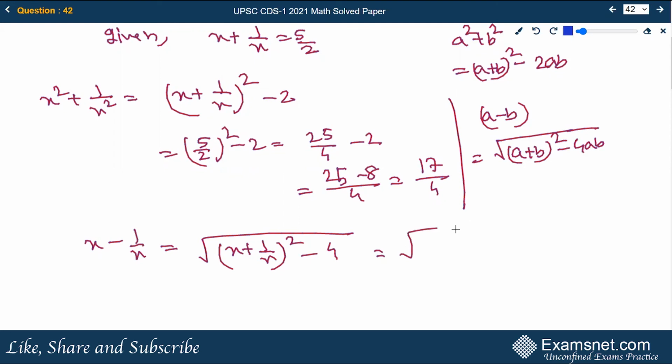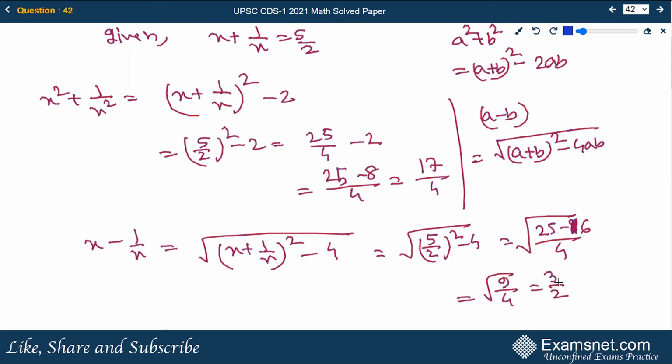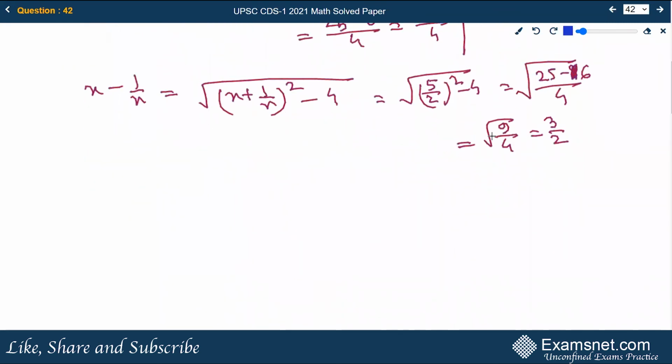So that means root under (5 by 2) whole square minus 4. It will result in (25 minus 16) by 4. That means root under 9 by 4, that is 3 by 2. So x minus 1 by x results in 3 by 2.